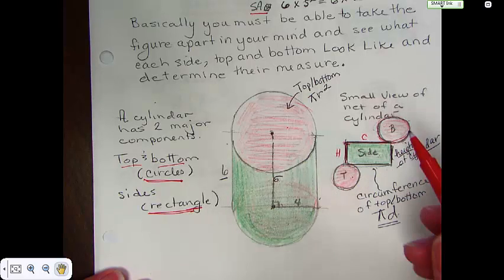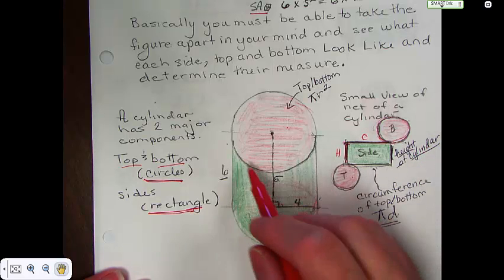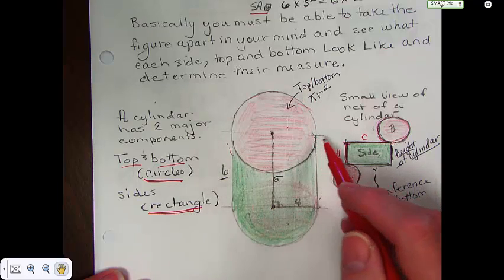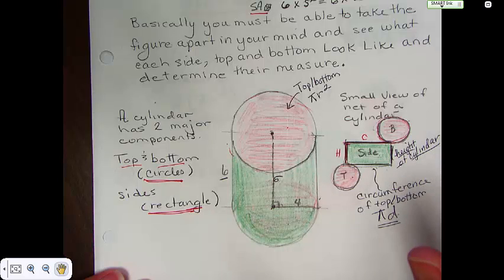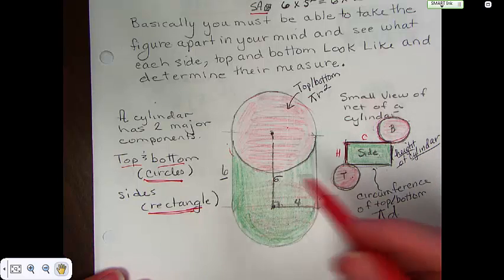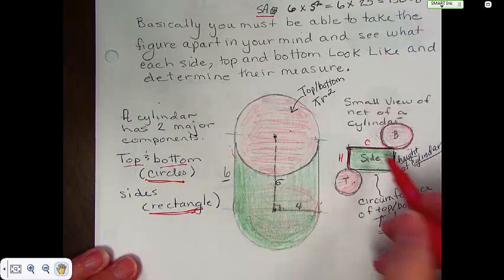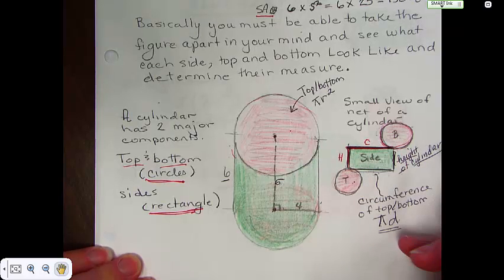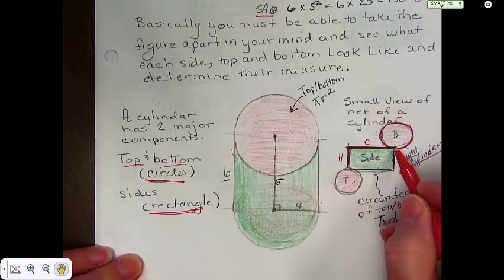Now, you need to know that the top or the bottom has a circumference. Once you find the area of the top, that's pi r squared, times 2. But then if you cut this straight down the side and lay it flat, the length of that rectangle is going to be the circumference of the circle. Let me say it again.